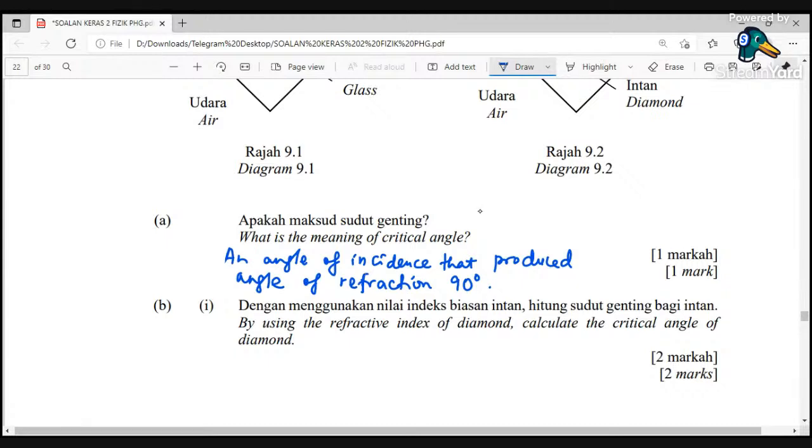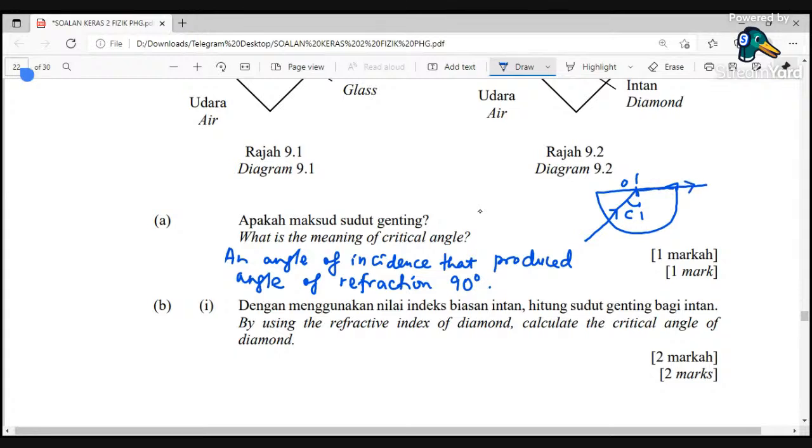For example, like this, semicircular glass block, is easier to use this one. Let's say light incident at the center of this semicircle. This is the normal line, and this angle is known as critical angle if the light ray suddenly travel at the boundary.